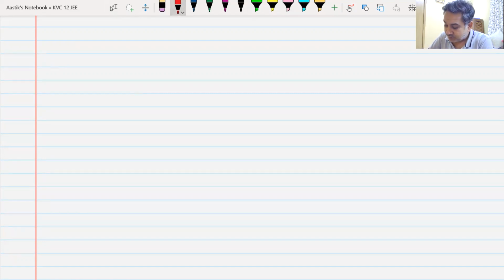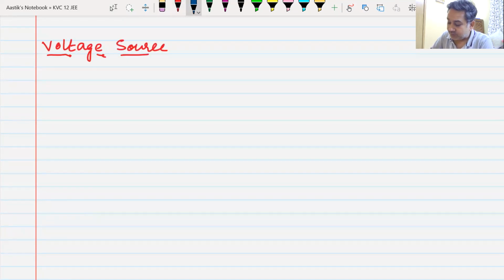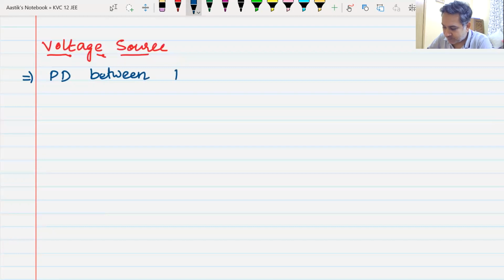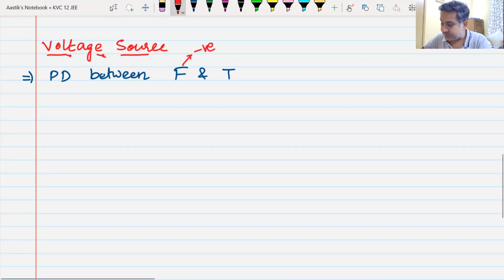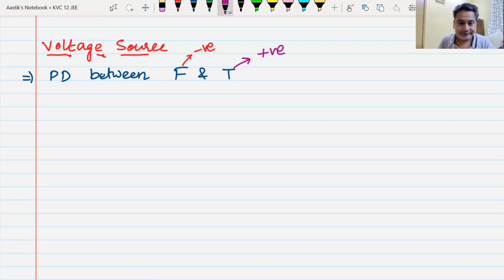The second thing is the voltage source. This voltage source creates a potential difference between filament F and target T. Do you understand? Filament and target. This filament is kept at a negative voltage. It becomes the cathode, and the target is made the anode.